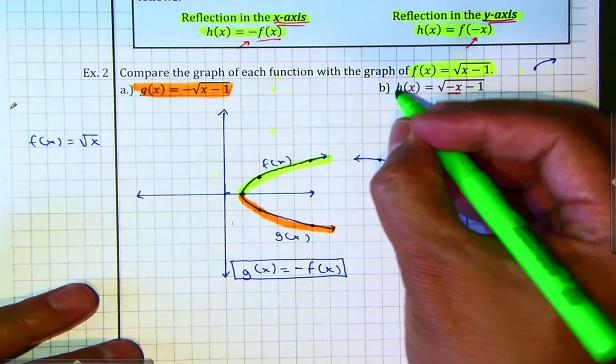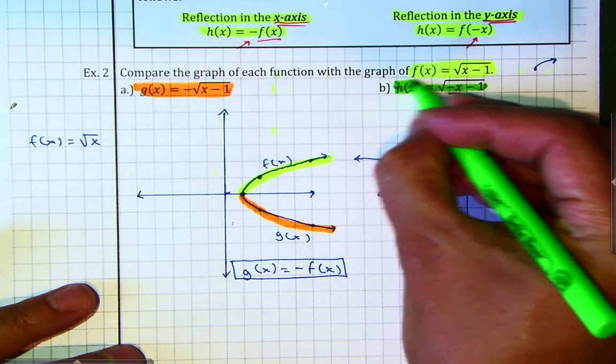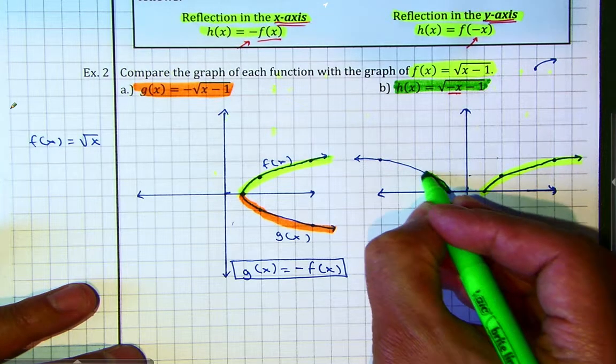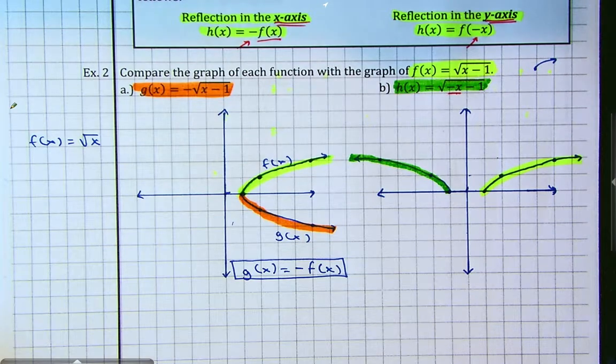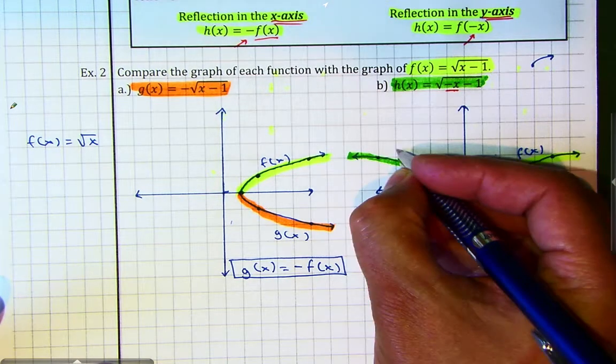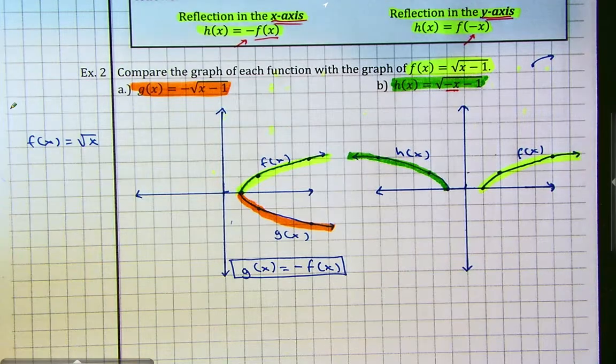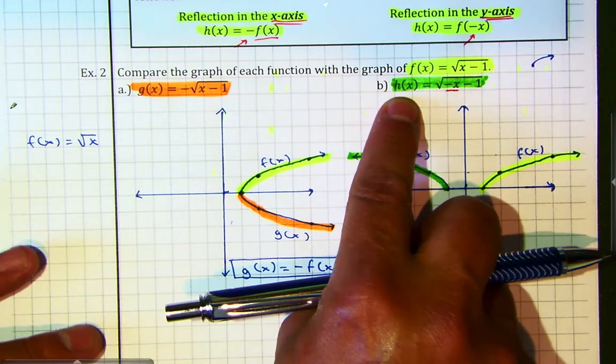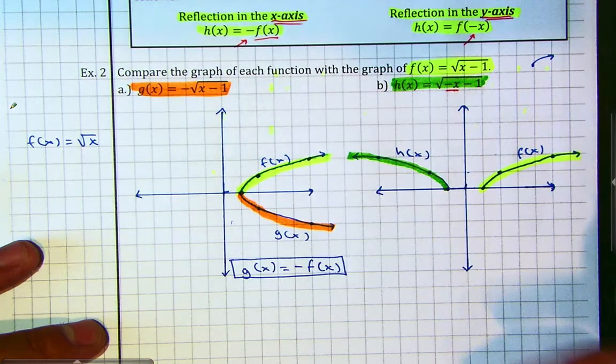Let me highlight it in green. Let me label it. This is f of x. This is h of x. And now I can rewrite h of x in terms of f of x.